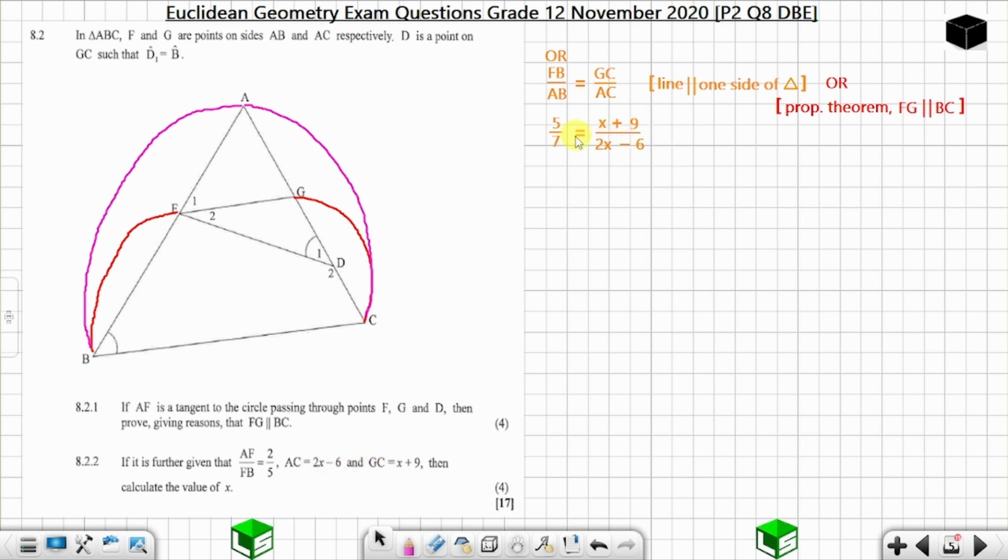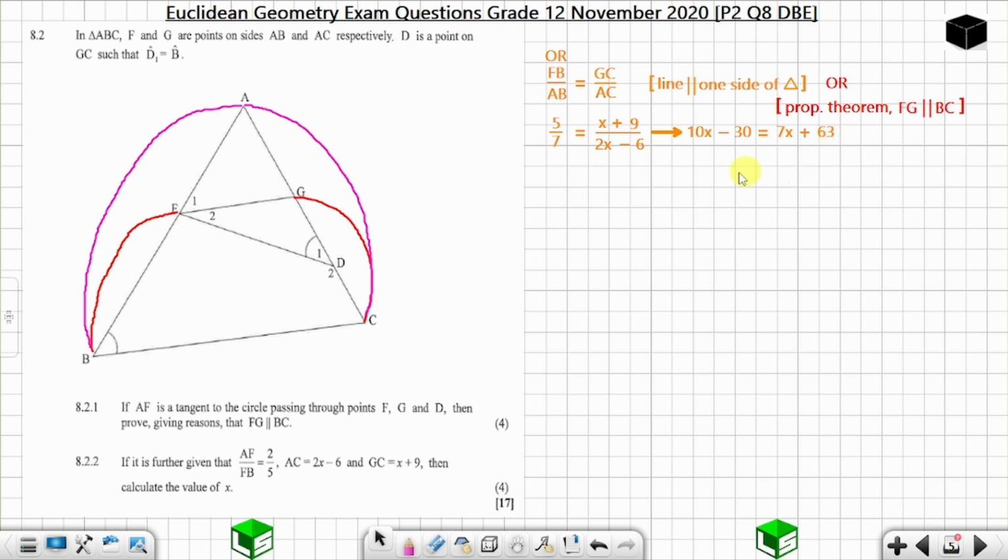You are going to cross multiply. So you have 10x minus 30, 5 times this, equal to 7x plus 63.